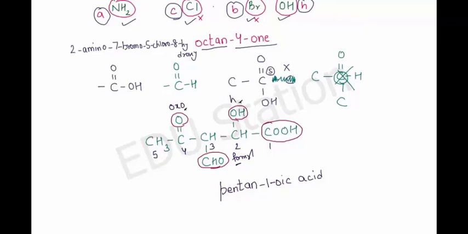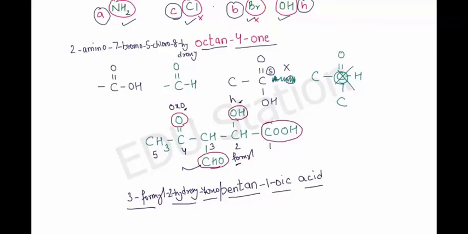So your name will be 3-formyl, 2-hydroxy, 4-oxo. For keto we write oxo. So 3-formyl, 2-hydroxy, 4-oxo, pentane 1 oic acid.